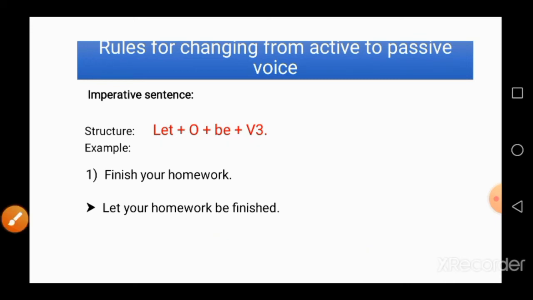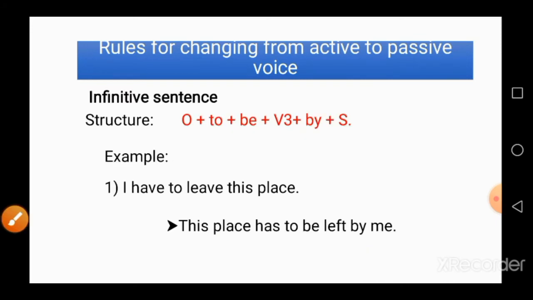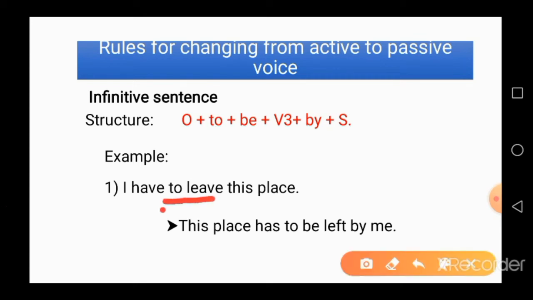Okay. Have you understood? Now, next, passive voice of infinitive sentences. Do you know what is an infinitive? Infinitive means the basic form of the verb which is used without an inflection, that is to plus verb. Here you can see this example, to leave, to plus leave, leave is the base form of the verb.